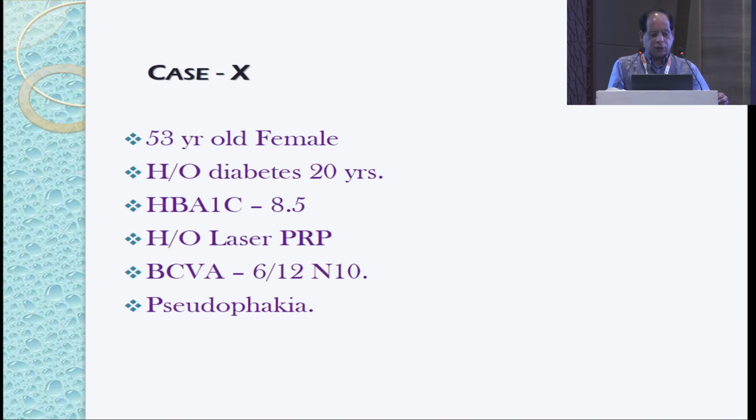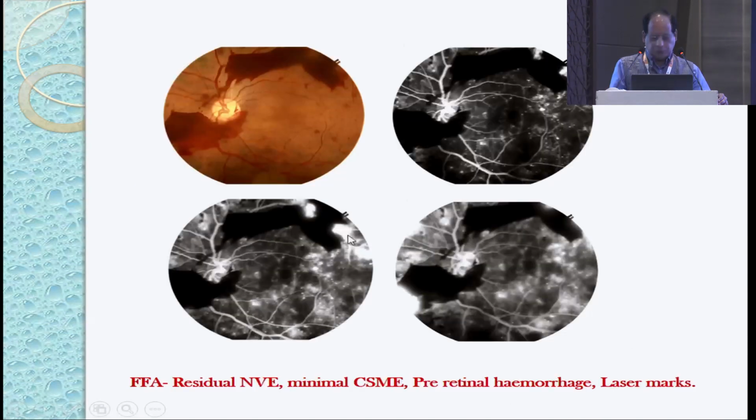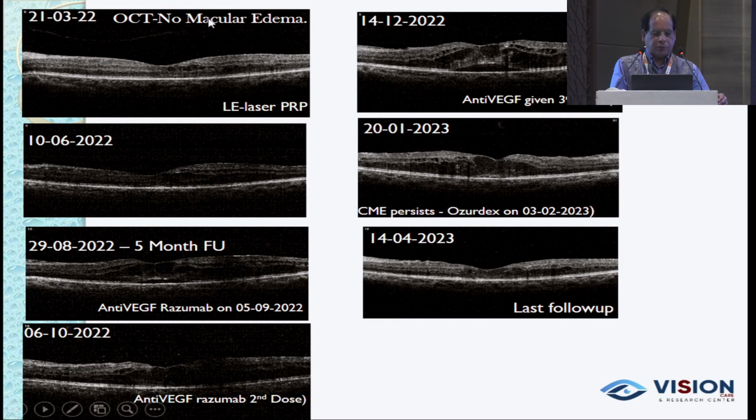This is one case, that lady I have shared earlier, the other eye of that lady with poor glycemic control. She has also undergone PRP in this eye. The FFA shows pre-retinal hemorrhage, diffuse edema. But on OCT there were very minimal spaces here. So we decided only to go for laser in March 22. We have completed the laser and she was under follow-up.